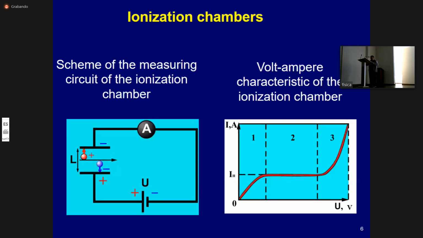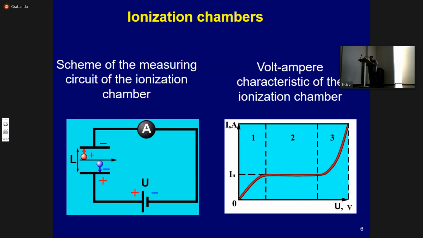A typical ionization detector is a gas-filled ionization chamber. I will not stop on this because a very thorough explanation was done by Dr. Kromov. Just to say, ionization chambers which determine the total ionization effect are called current chambers.